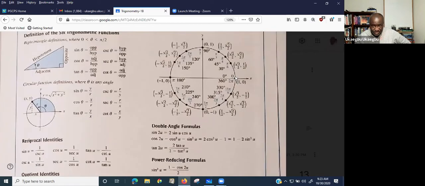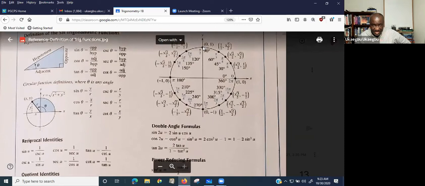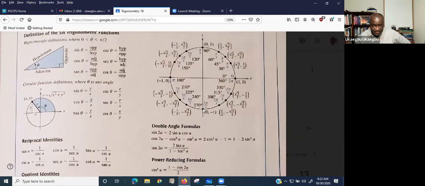Now look at my mouse. At this point, this is 0 degrees. At this point, this is 90 degrees. At this point, 180 degrees. At this point, 270 degrees. Now if something covers 30 degrees from 270, 270 plus 30 is 300. So they are at this point.